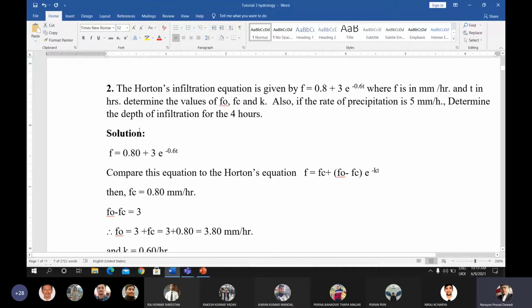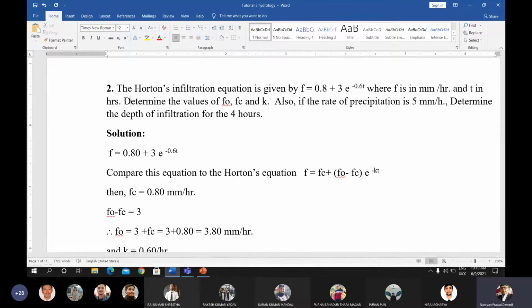Now for the second question, Horton's infiltration equation is given by f = 0.8 + 3e^(-0.60t), where f is the infiltration rate in mm per hour and t is in hours. Determine the values of f naught, fc and k.